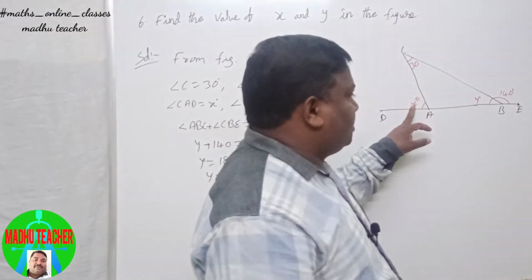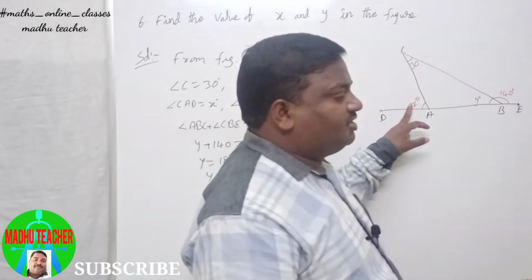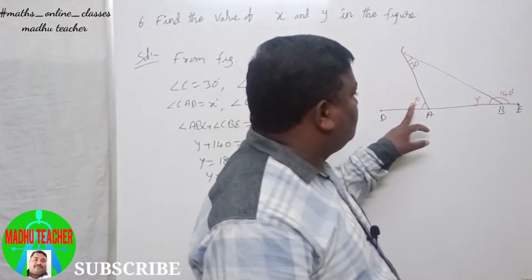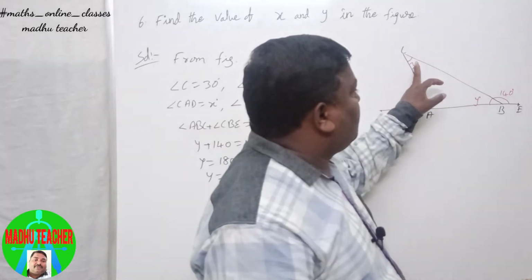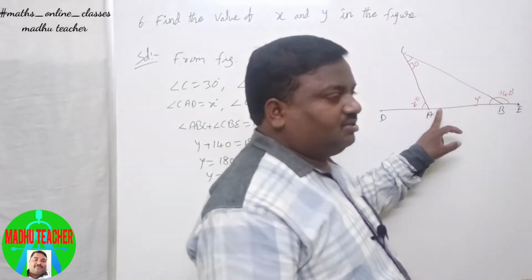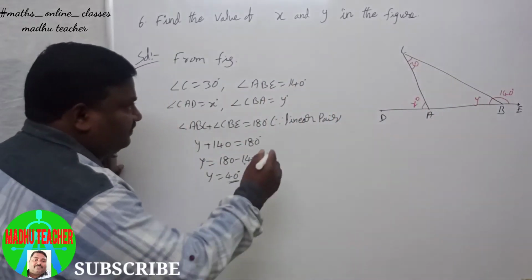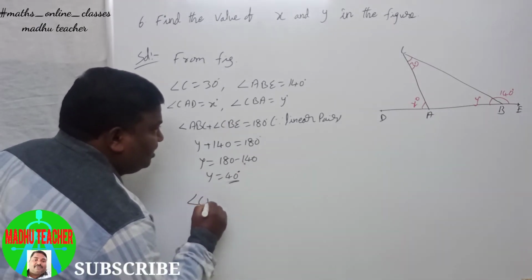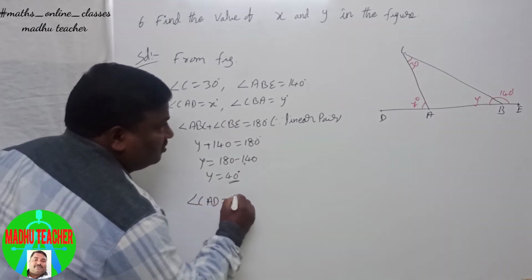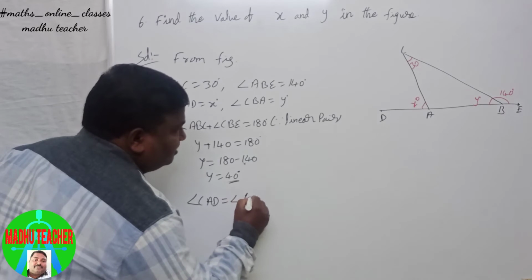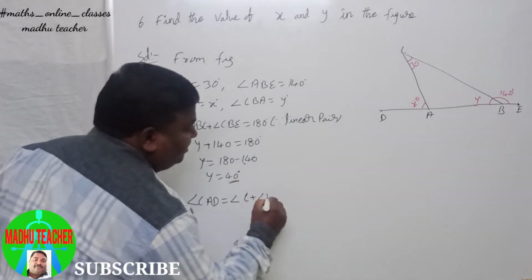This is the exterior angle. Exterior angle equals the sum of opposite interior angles. That means angle CAD equals angle C plus angle CBA.